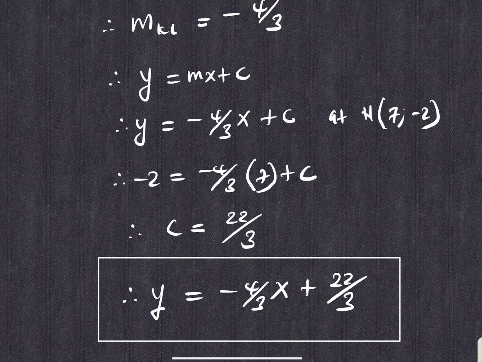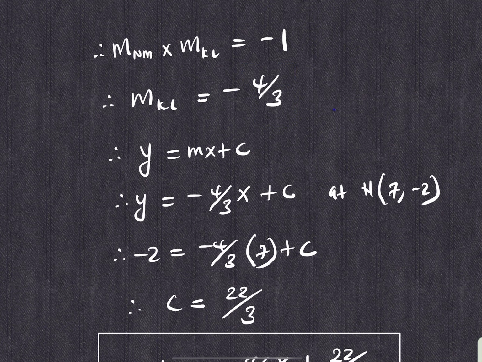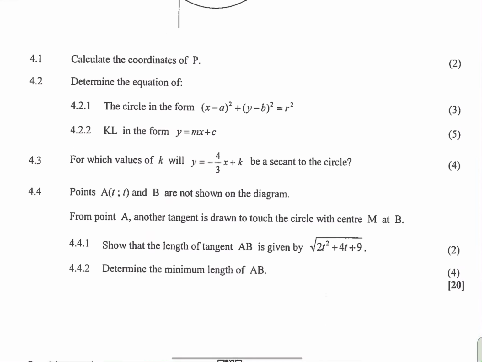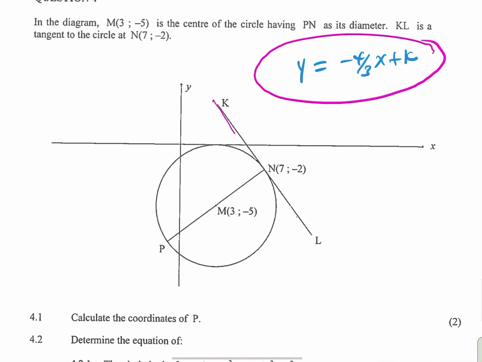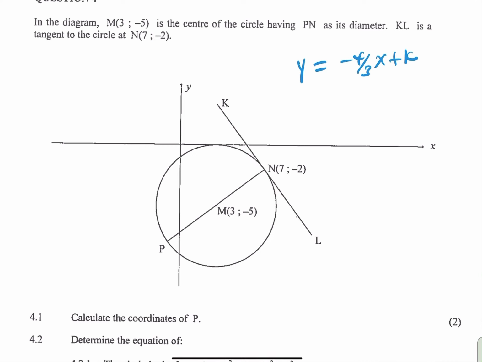We got -4/3, which is this particular gradient in here. This line has the same gradient as the line of the tangent, but the different thing here is k. It's the y cut of the line.